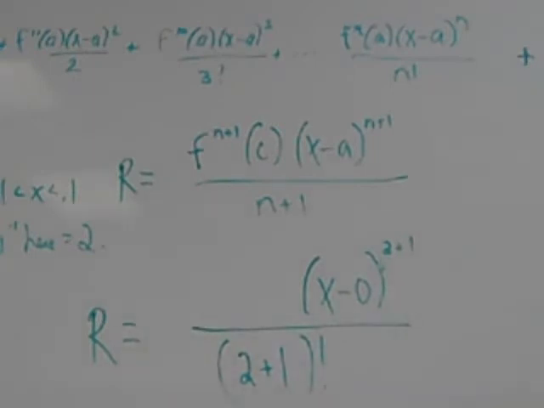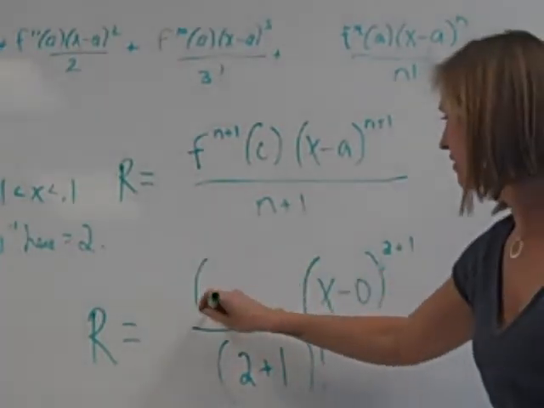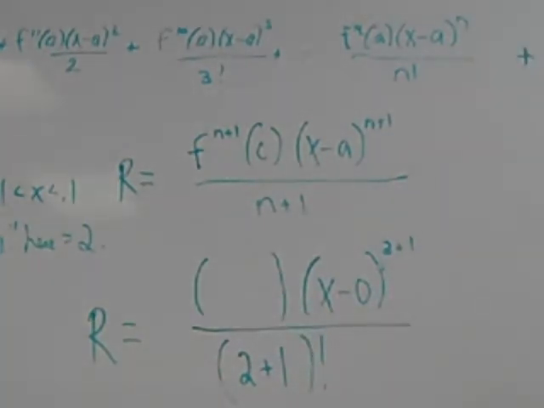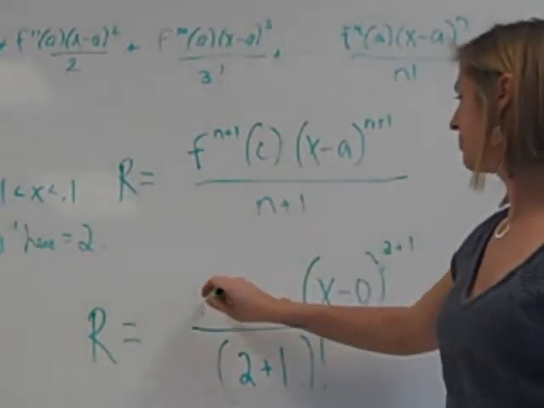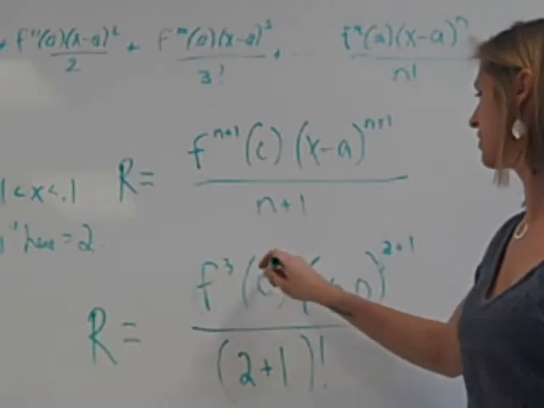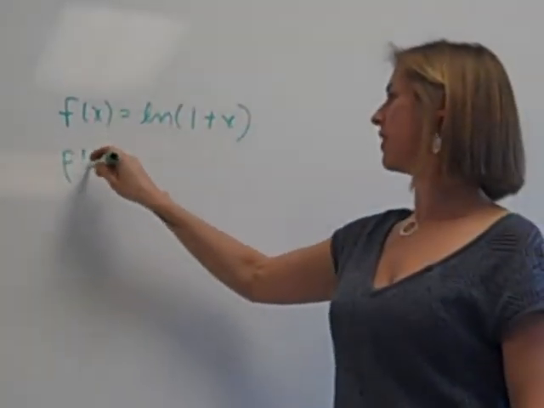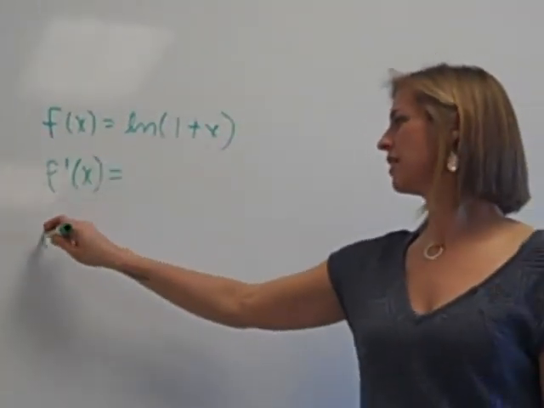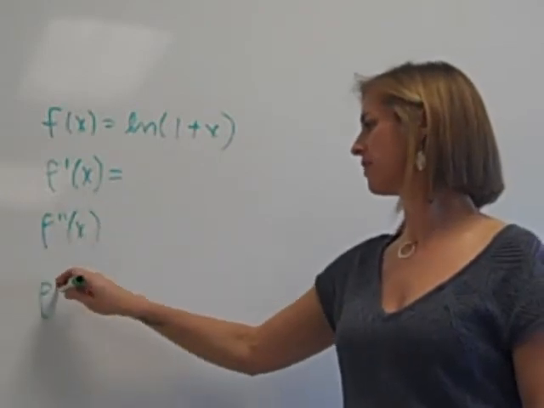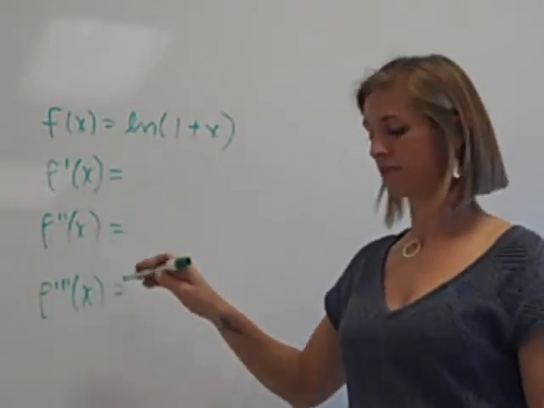And what I'm trying to find then is this number. Instead of writing it this way, I'm looking for the third derivative at some point c. So I'm going to go find some derivatives. If f of x is the natural log of 1 plus x, I'm going to find f prime, the second, and the third.